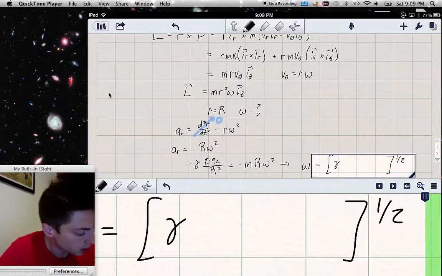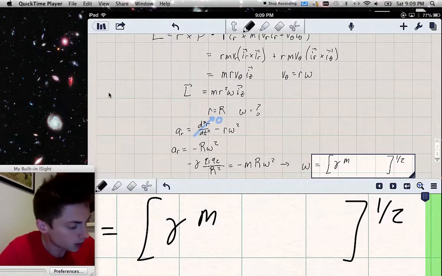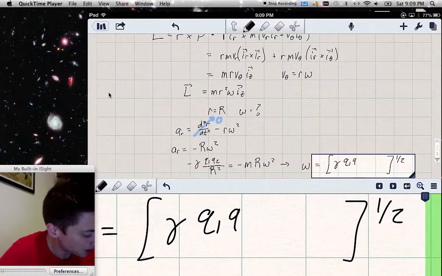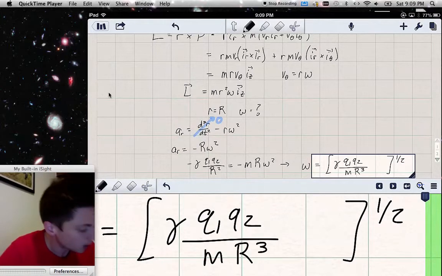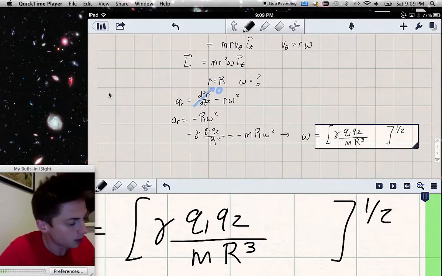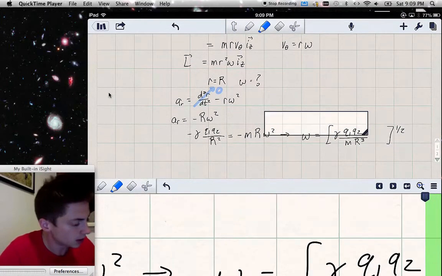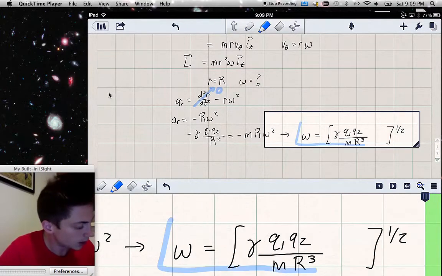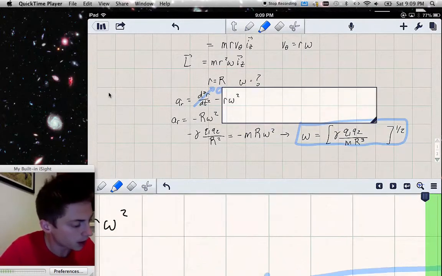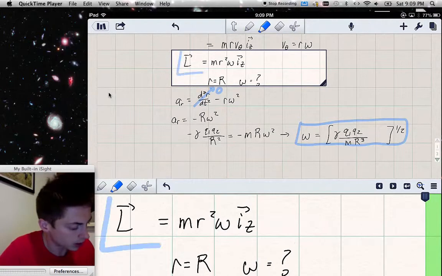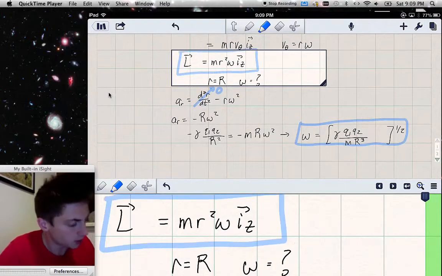So gamma Q1 Q2 divided by m R cubed, to the 1/2, gives us omega. Now we know omega, so let's circle that. And we've already determined the angular momentum in terms of omega, so we don't have to plug it in. Okay, did I get that right? Looks like I did.